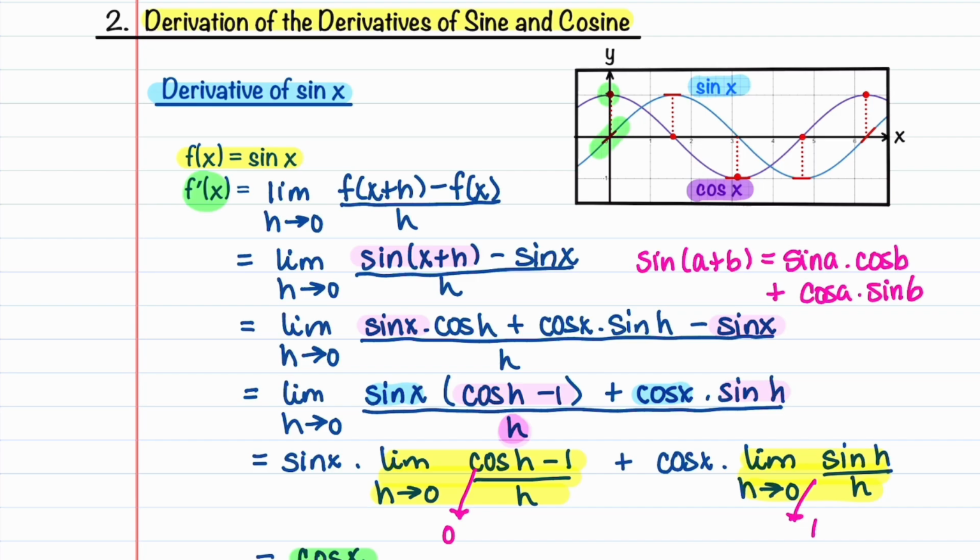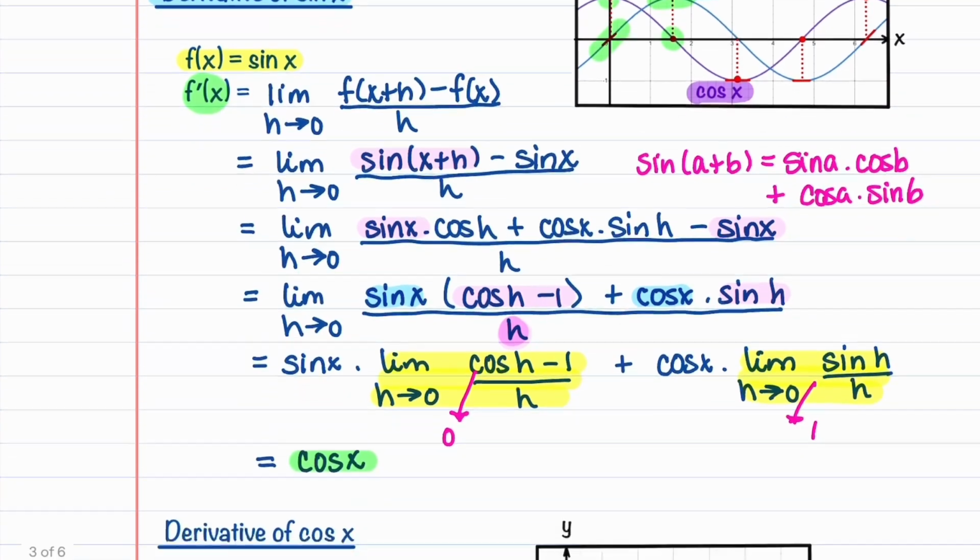Likewise, at pi over 2, the slope of the sine function is 0, and that's what cosine is. And that same process happens in the remainder of the graph. Cosine is the slope of sine, which is why the derivative of sine is cosine.